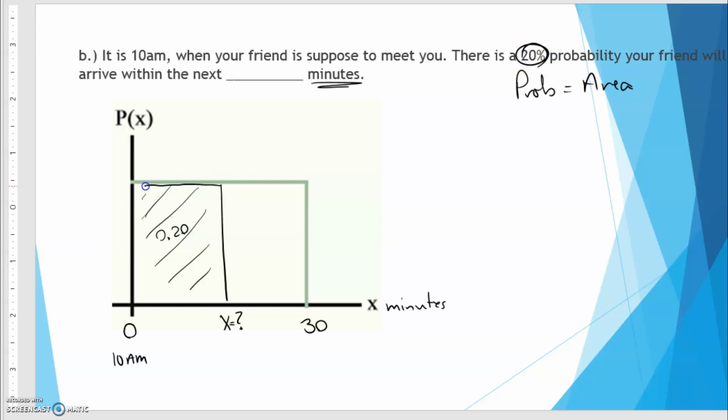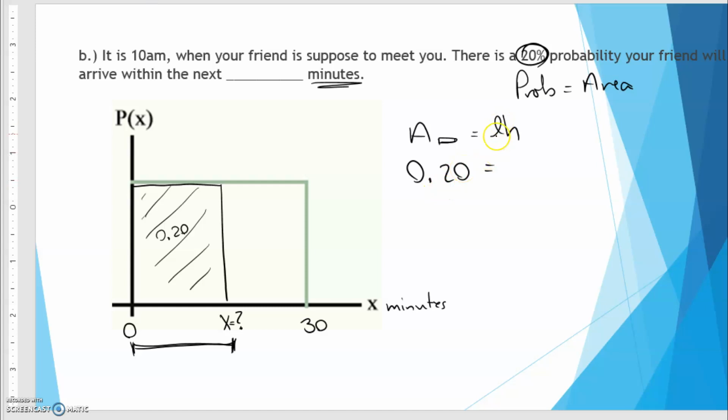Okay, so the area in this rectangle is 0.20. Now I'm looking for between these two right here. So I'm still going to look at the area of a rectangle, which is length times height. Well, this time they gave us the area. This is 0.20.